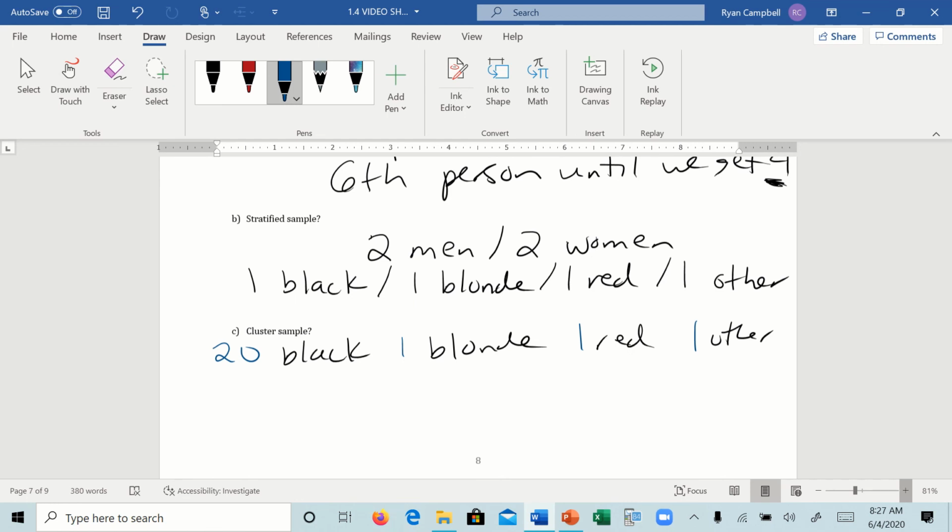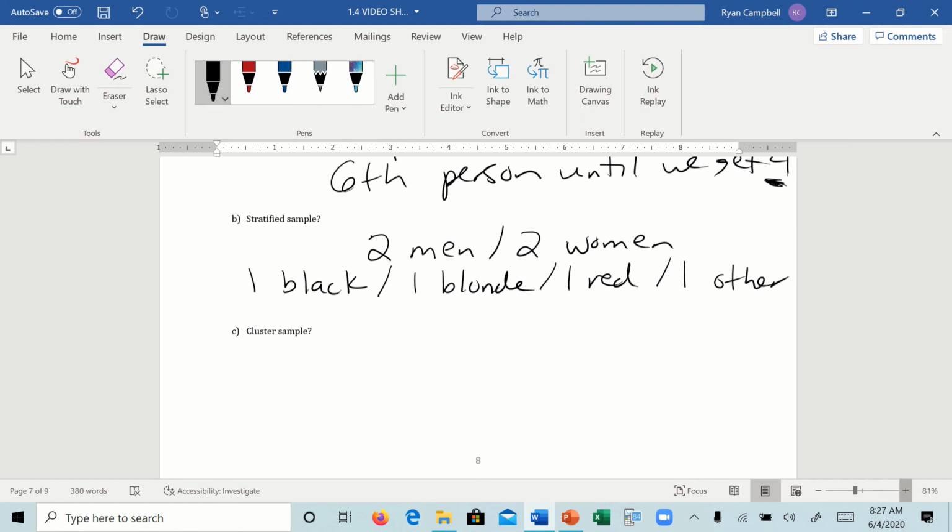There's no way that you can just pick a group to get 4 people, right? Because if you chose people with black hair, well, that's 20 people. That's over the 4. If you chose these, well, that's only 3 people. So again, we don't have our 4. So you would need to have some sort of grouping where you end up with 4 people and not any other number, right? So that's why this one's a little harder.